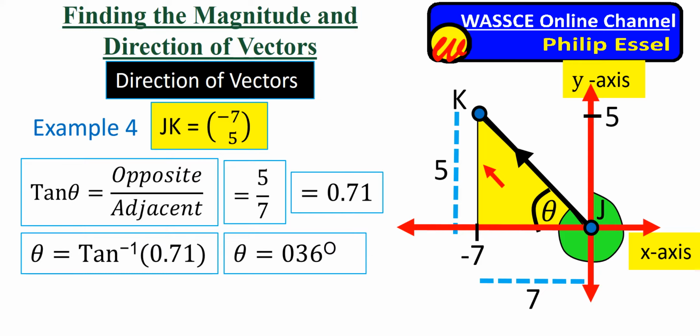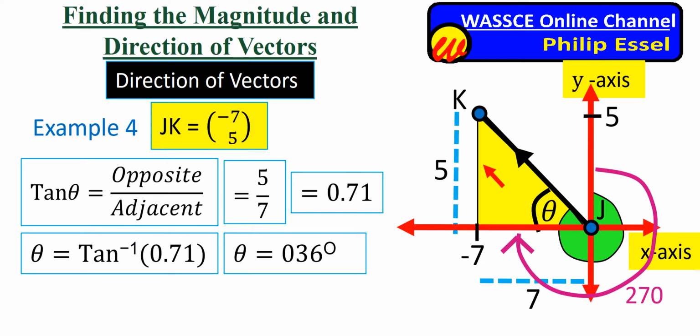Note that when we move from the North Pole to the West Pole, we have moved an angle of 270 degrees. What this means is that to get the bearing of the vector JK, which is the green region, we have to add the 270 degrees to the angle theta.